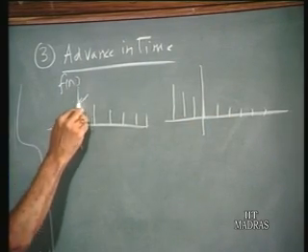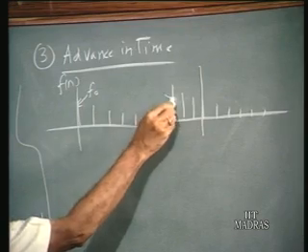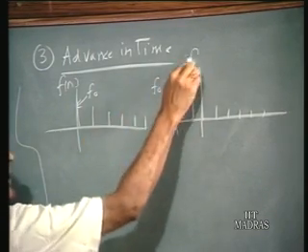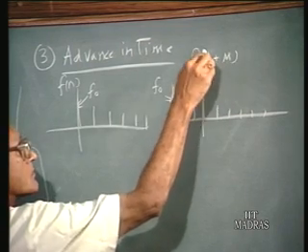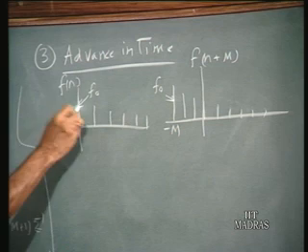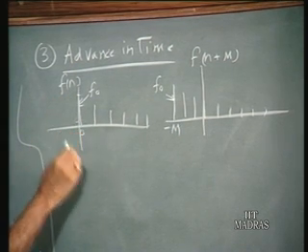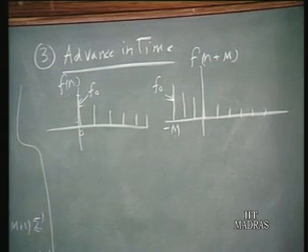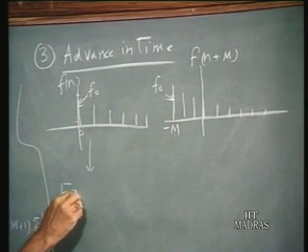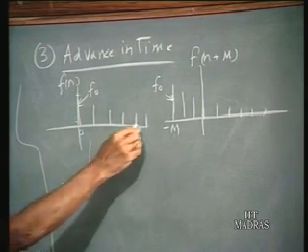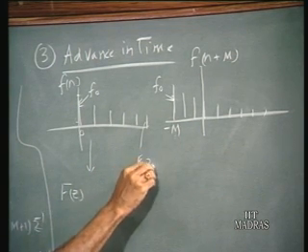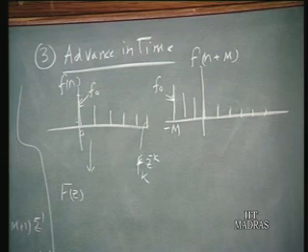So what was f0 here occurs at this point at an instant m. This is f of n plus m. So if it is advanced by m sampling instants, the sample occurring at n equals 0 now occurs at n equals minus m. So the Z transform of that is f of z, where a kth sample here, f of k, has been multiplied by z power minus k in forming this.